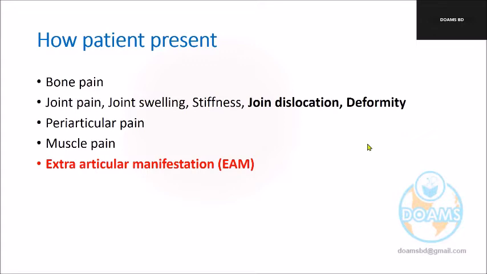In general, the patient may present with bone pain and some joint issues. You see the many characteristics of the joint problem: periarticular pain, muscle pain, and the patient may have extra-articular manifestations as well.